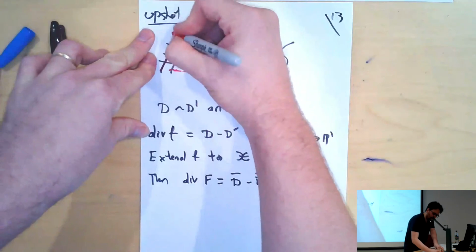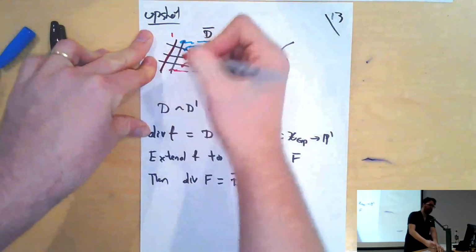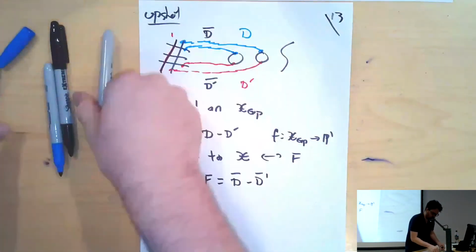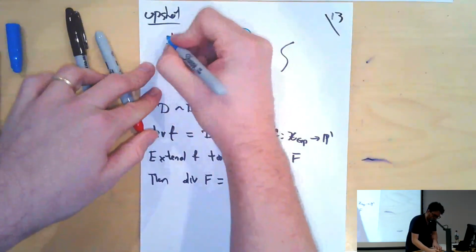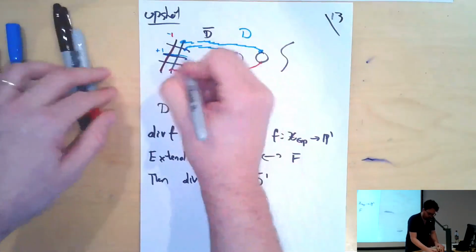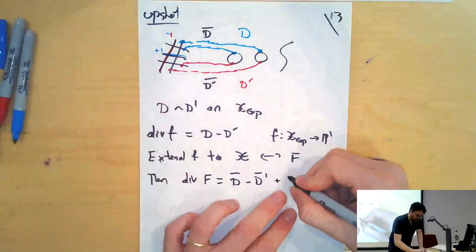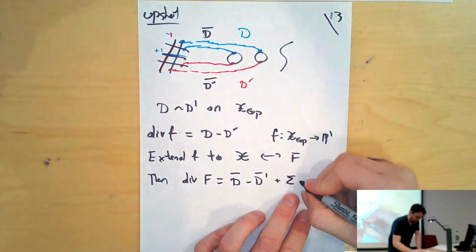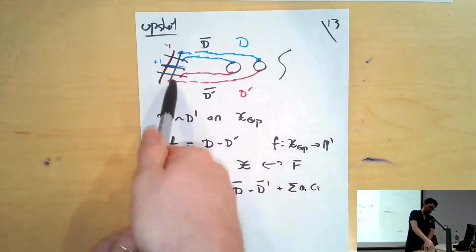Maybe it vanishes identically here. Remember, this was the problem with Clifford's theorem, special divisors, et cetera, on singular curves. So it could have a pole here, and maybe an identical zero here. So you get an extra term, which is plus some a_i times what we call vertical divisors.